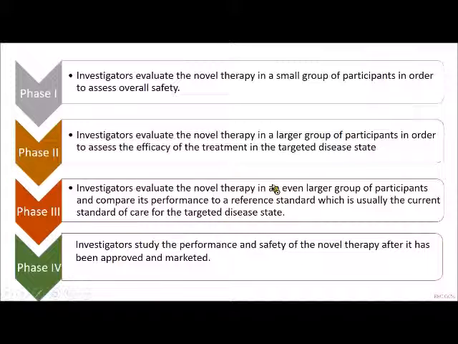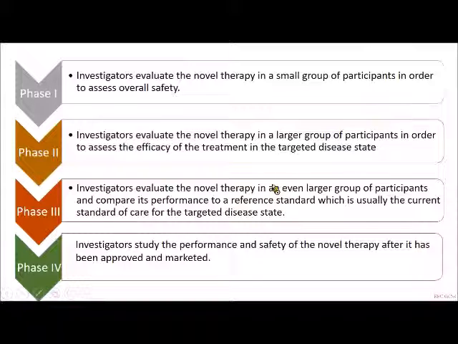Often, Phase 1 of non-interventional therapy involves the use of normal volunteers who do not have the disease state targeted by the novel therapy.